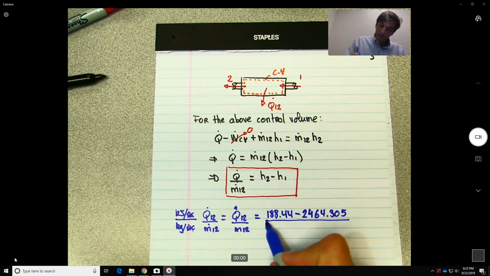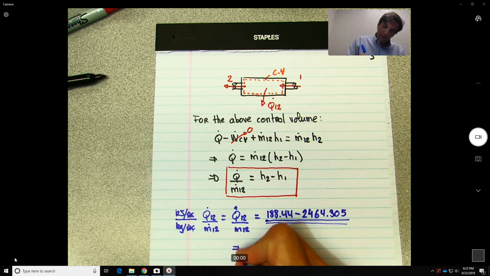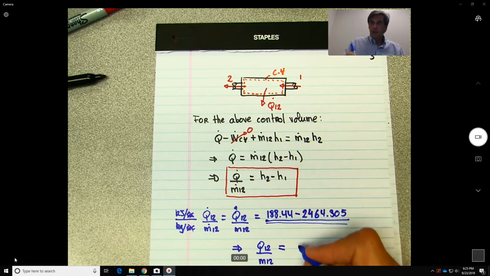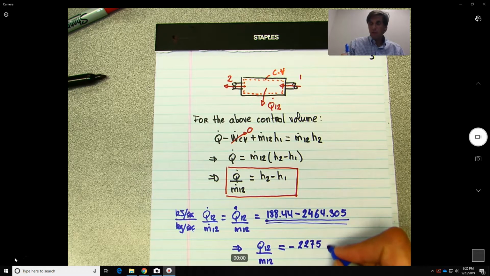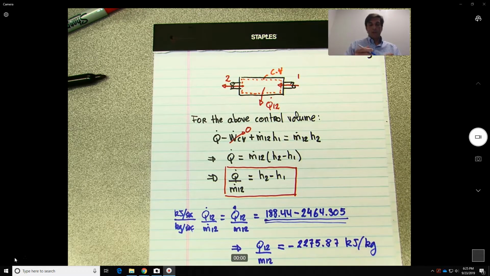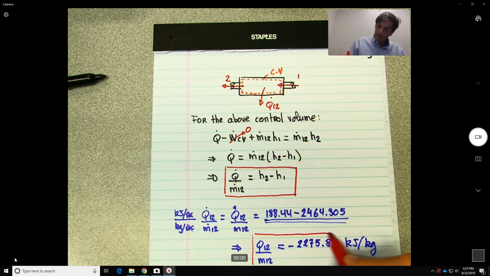And this is equal to negative 2,275.87 kilojoules per kilogram. And this will be the final answer.